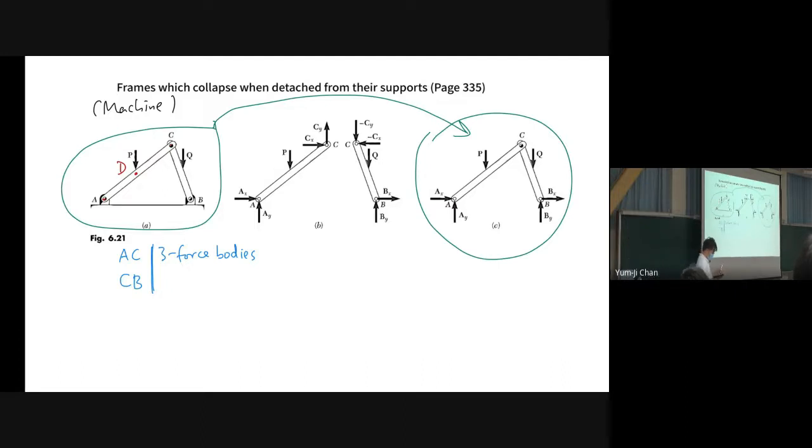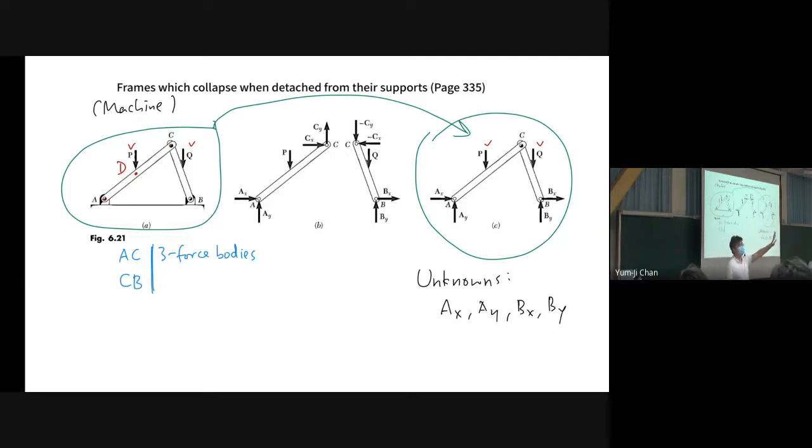Suppose we know P and Q. What are the unknowns in this problem? We have AX, AY, BX, and BY. All of them are unknowns, right? So we have 4 unknowns.